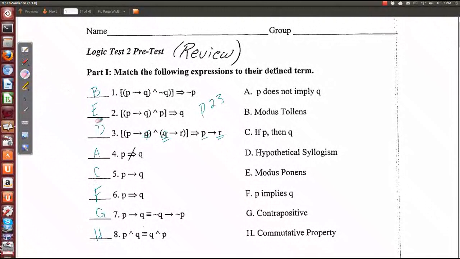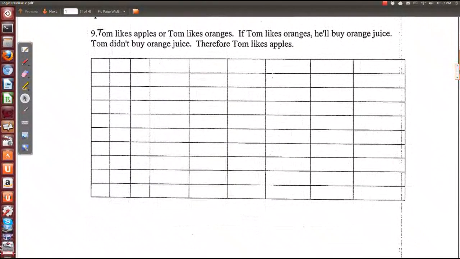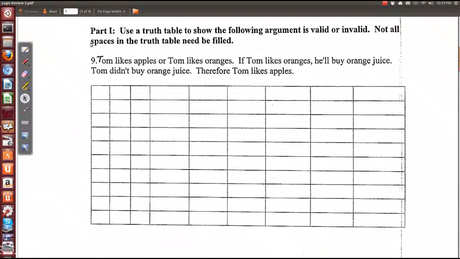So we have our first set, which is our matching. The next thing that we're going to do is take a look at proving arguments valid using a truth table. And so in this case we have Tom likes apples or Tom likes oranges.